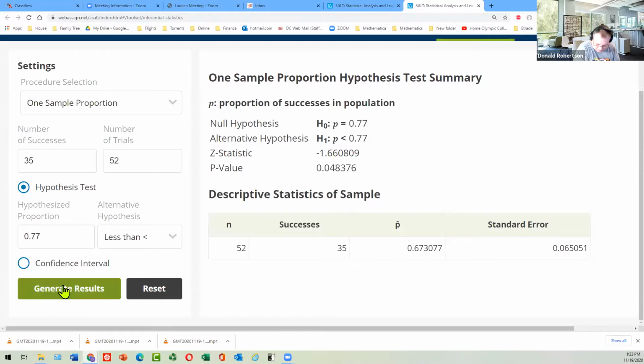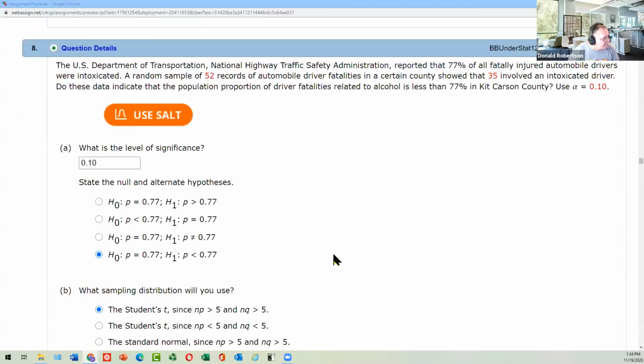There we go. The p-hat is 0.673. The z-score is negative 1.660. And that p-value is nice and small, 0.04837 and some other stuff.